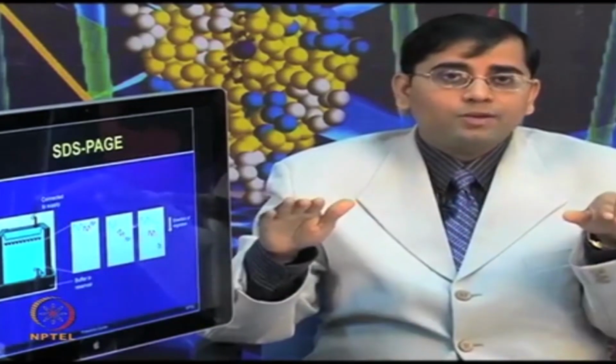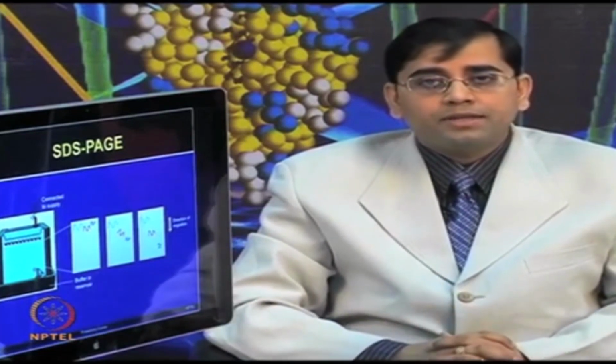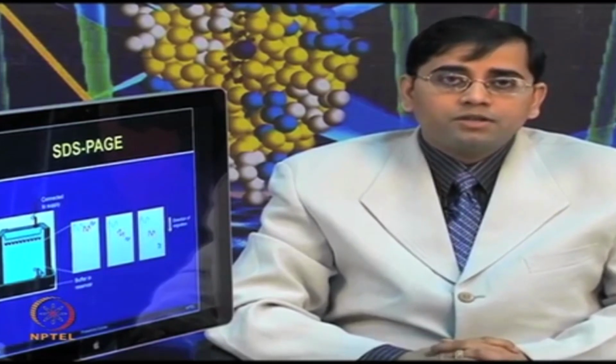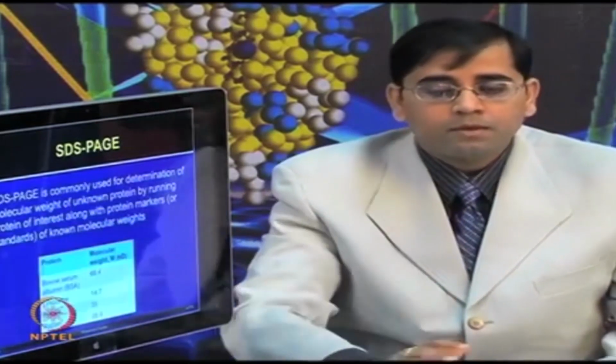So, in this case, you need to make a flat well, so that your IPG strip can be placed on top of the SDS PAGE gel. Again, to remind you, here you are only making the resolving gel for better resolution and separation of the protein. Stacking is not done for the 2D, which has already been done during the first process of IEF.